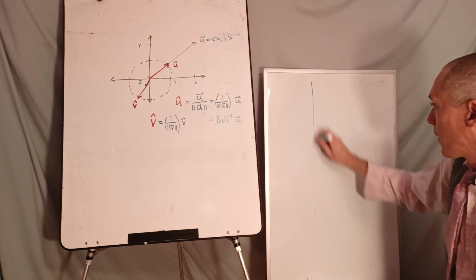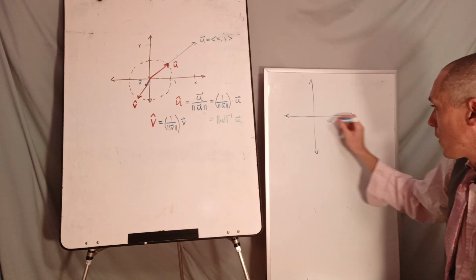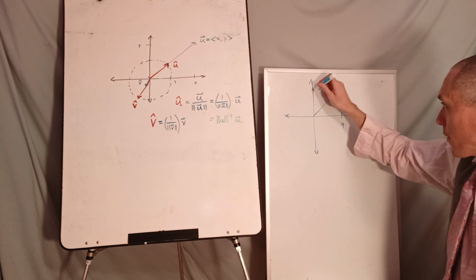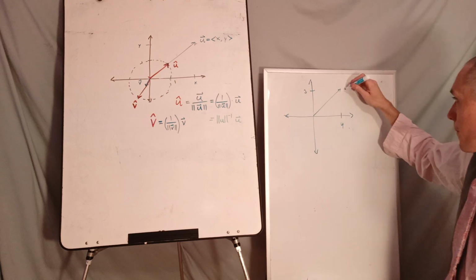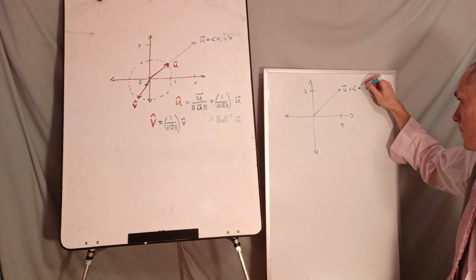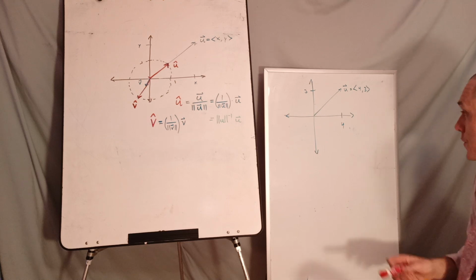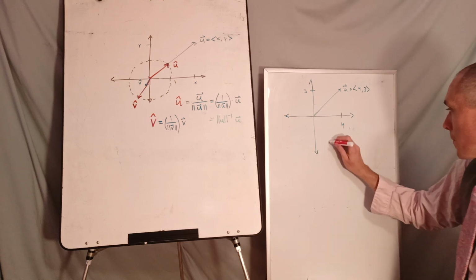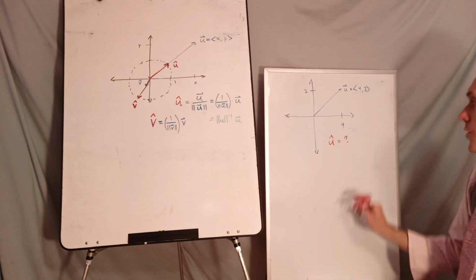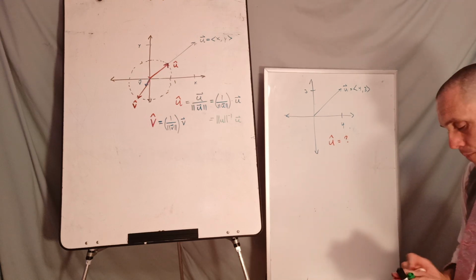Let's say we had u, a vector of the following size and orientation. And I wanted to know, what is u hat? This is our question. So the first thing we would want to do is calculate the magnitude of u.